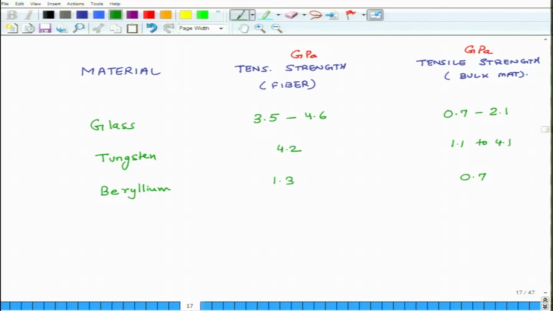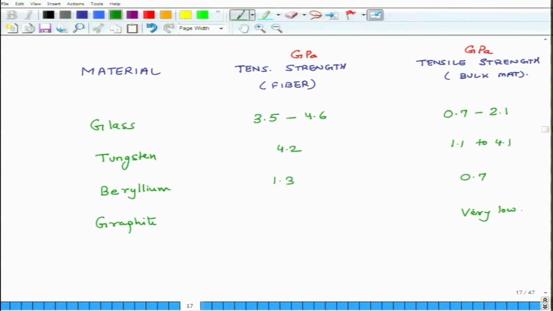And lastly, we will look at a non-metallic fiber, graphite fiber. The tensile strength of bulk graphite is very low, several orders of magnitude lower. It is not even in the GPa range or MPa range, so I will just write very low.